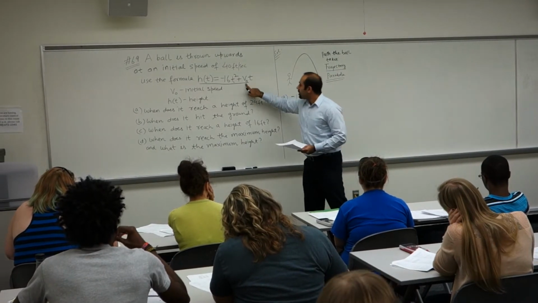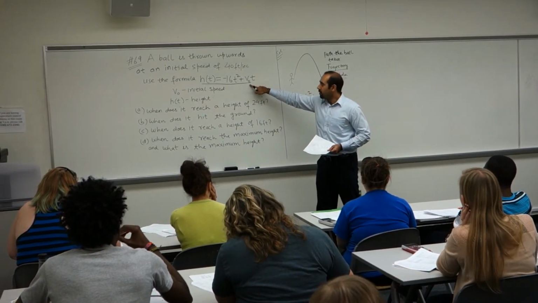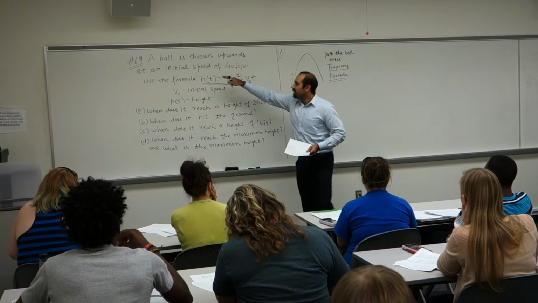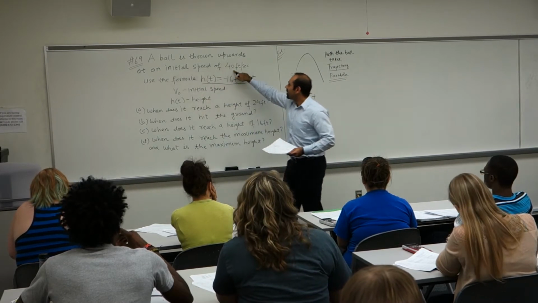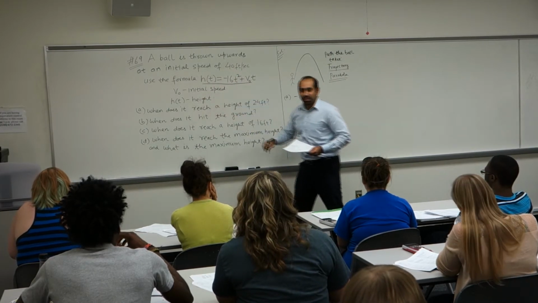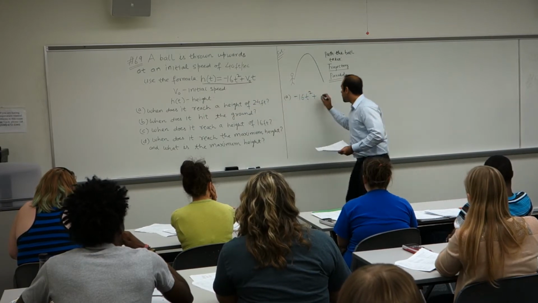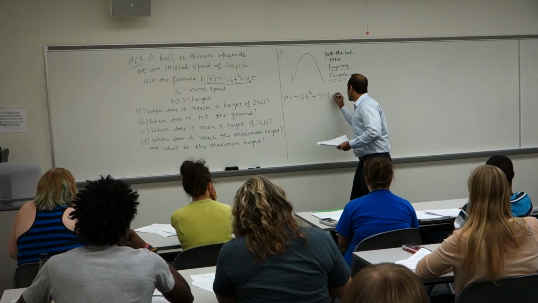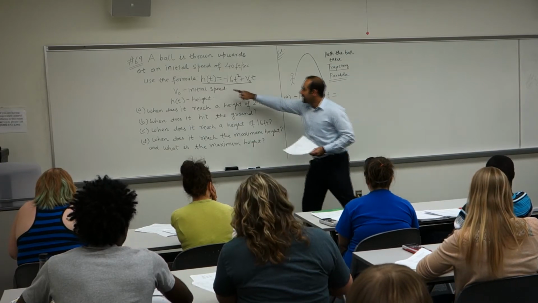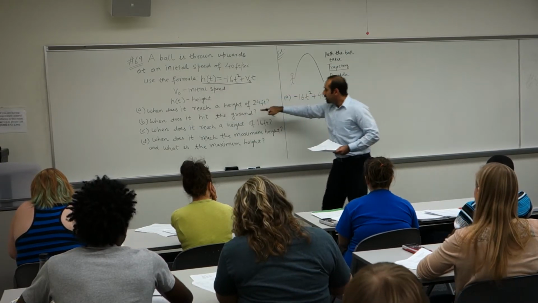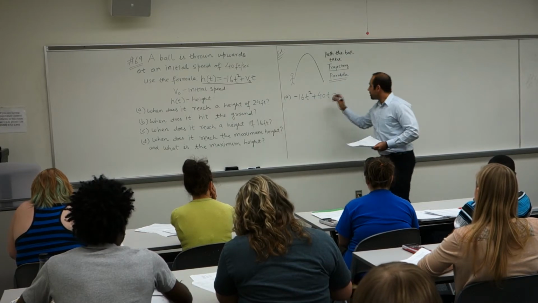What about v naught? Do we already have v naught? Yeah. What is v naught? 40 feet per second. Because it specifies that the initial speed is 40 feet per second and v naught is our initial speed. So we are going to replace this v naught by 40. And as you correctly said, the height h of t for the first case is simply 24 feet. So this equals 24.